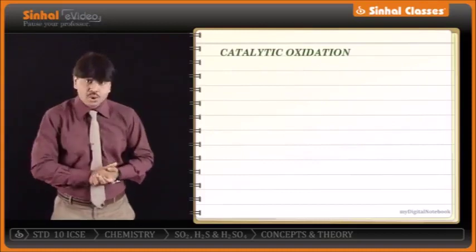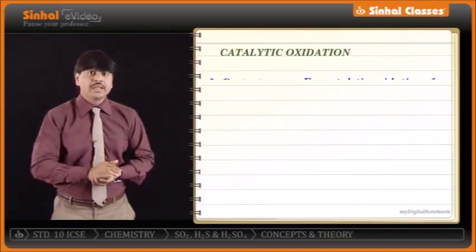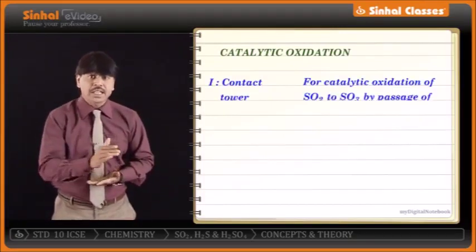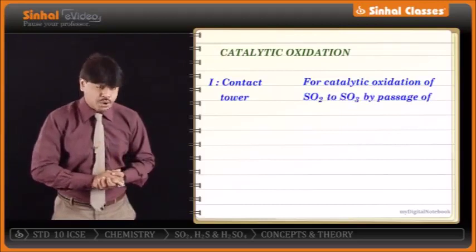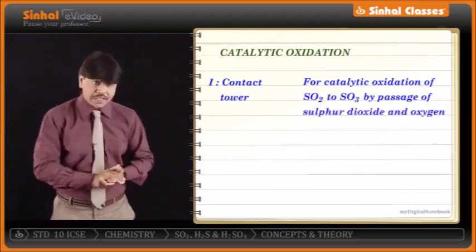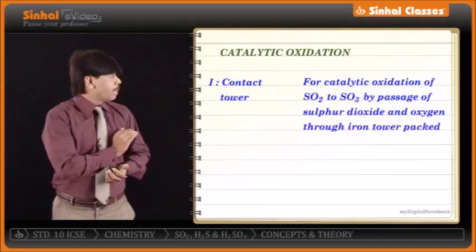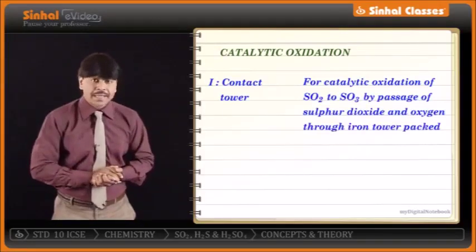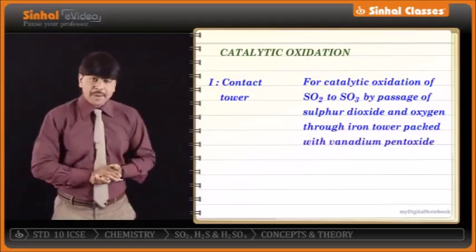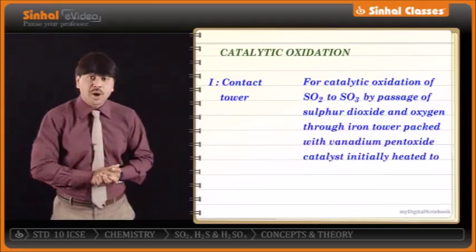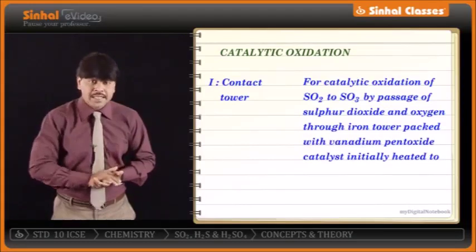In this case, the SO2 gas which is formed is further oxidized to SO3 by passage of sulfur dioxide and oxygen through an iron tower packed with vanadium pentoxide. Vanadium pentoxide is a catalyst which has been initially heated to about 450 to 500 degrees Celsius.